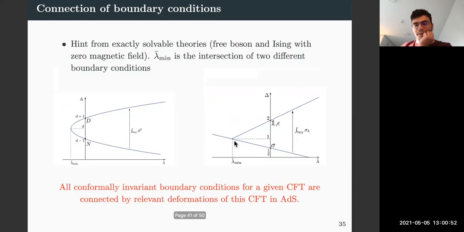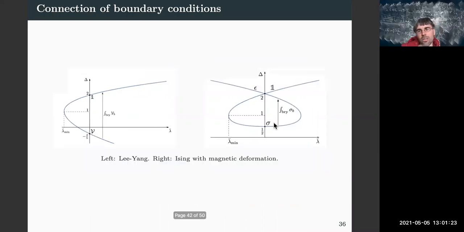But for the Ising one, we expect that since one is Z2 breaking, but sigma is Z2 preserving. Sorry, the other way around. Identity is Z2 breaking, but sigma is Z2 preserving. So it can't actually pass at this point. I will come back to this maybe at the end. Okay, thank you.